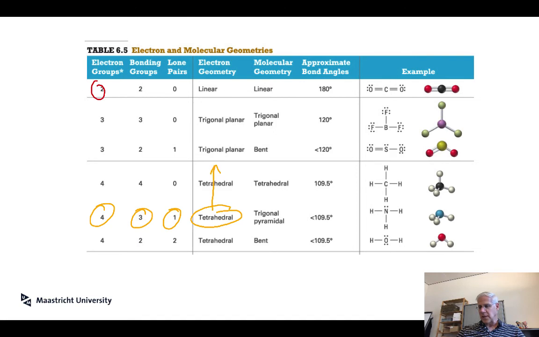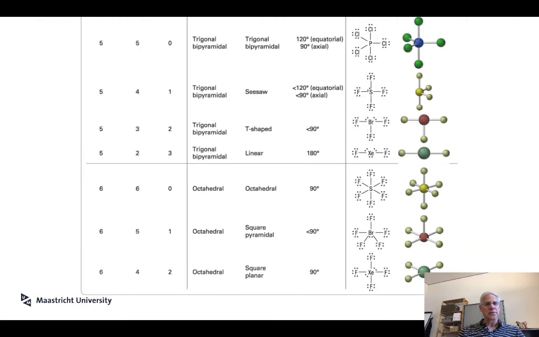Notice that's the same regardless of the number of bonding groups or lone pairs, because they're all electron groups. With 3 bonding groups, I'm going to have what's called a trigonal pyramid molecular geometry. An example of this structure would be something like ammonia, NH3, with that 1 lone pair right there. Notice that for our molecular geometry, we only take into account where the atoms are, not where the lone pair is.